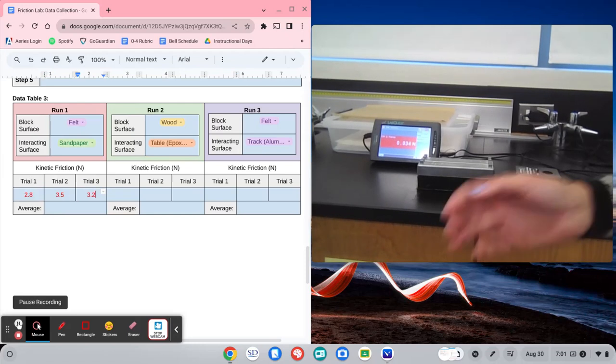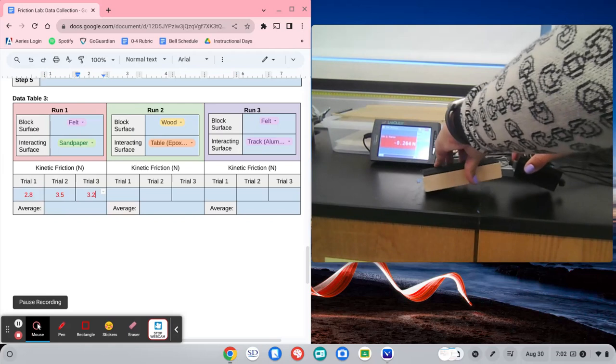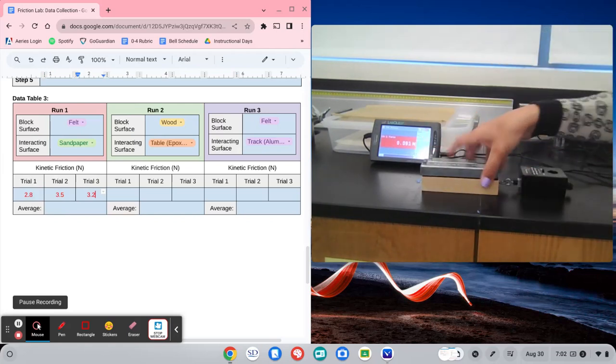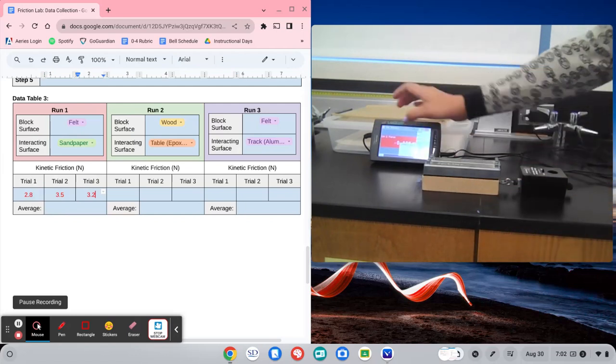For my next run here, I'm going to have the wood side down. So I'm going to flip this over. I'm going to have the wood on the table, and then I am going to be pulling it on the table itself. So this is made of epoxy resin. So I'm going to pull that 3 times.